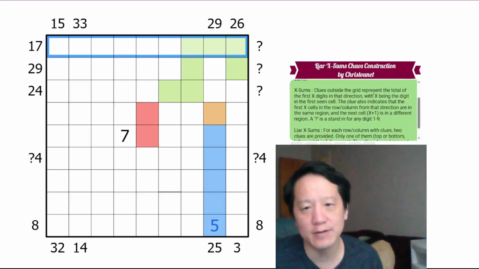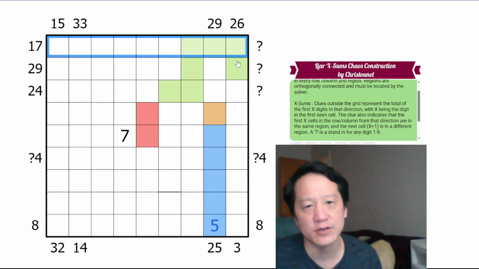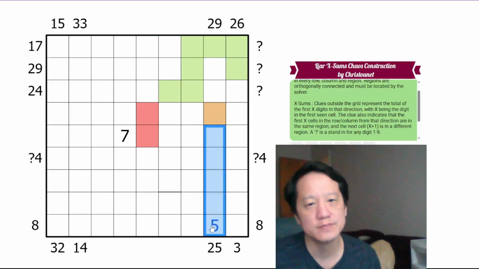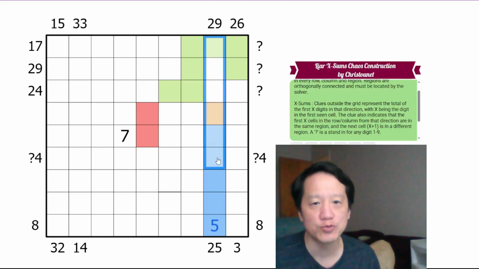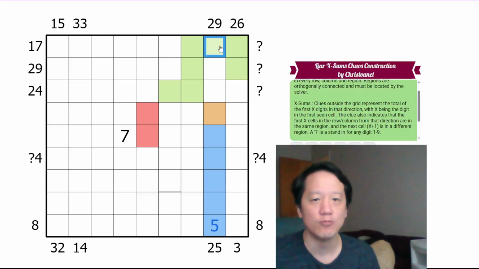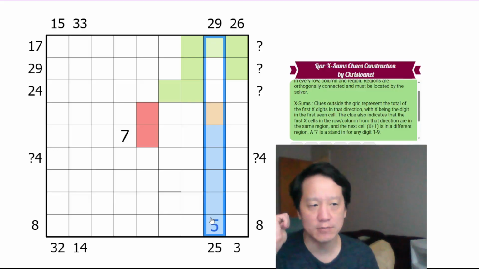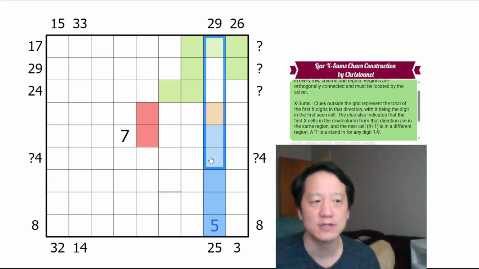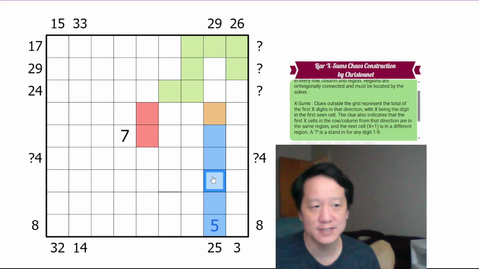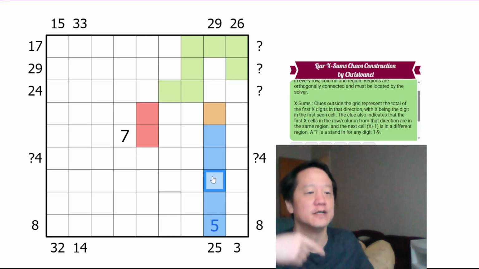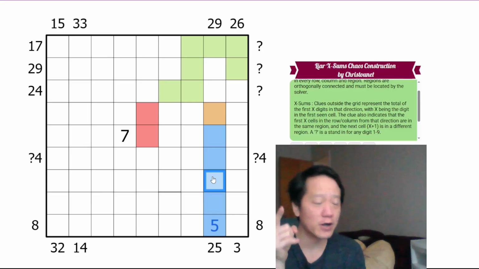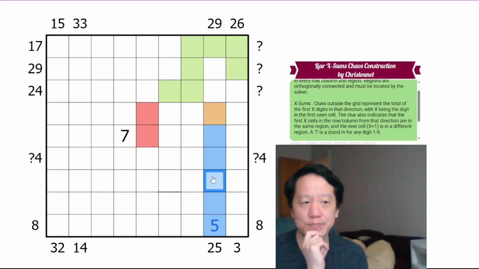So you could have basically this adds up to 5, and this adds up to 29. That could be valid. But one of these pairs has to be wrong in some instance, whether it's the sum, whether the first X digits are in the same region, or whether the next digit is in another region. It can be wrong in only one of those 3, right?